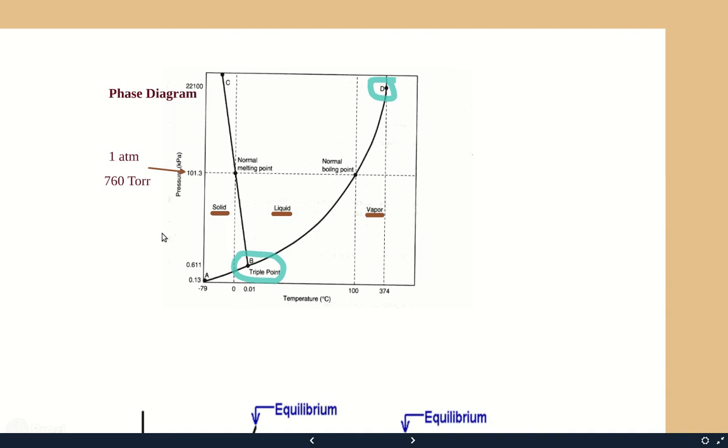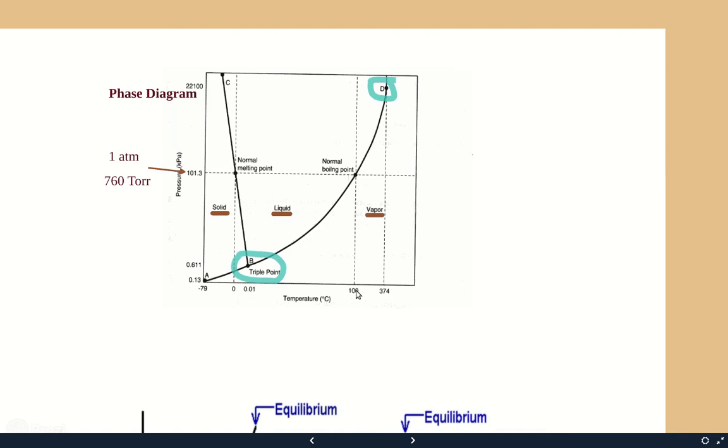So what you do is a cross section, okay? So at negative 10 degrees Celsius and somewhere in here, torr, I would just go up and intersect it and say, oh, it's a solid. The normal melting point is right there. That's the 760 torr, and then the 0 degrees Celsius. Okay? Normal boiling point would be 100 degrees Celsius.